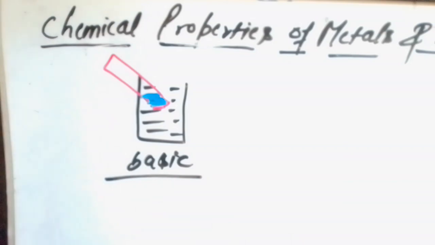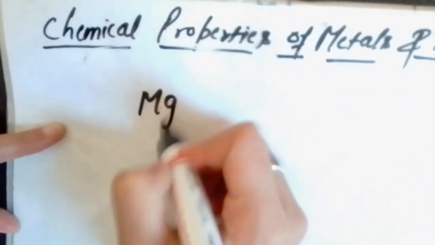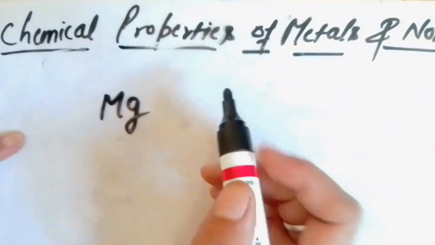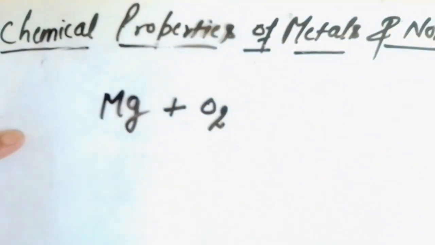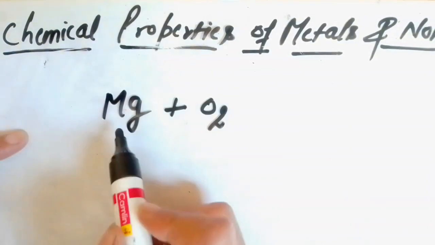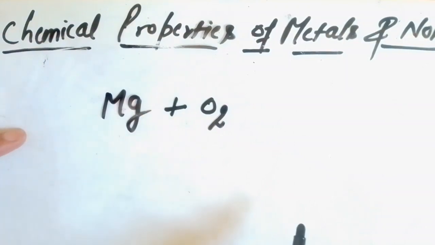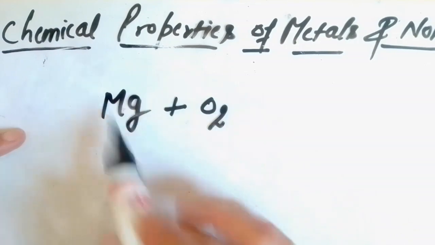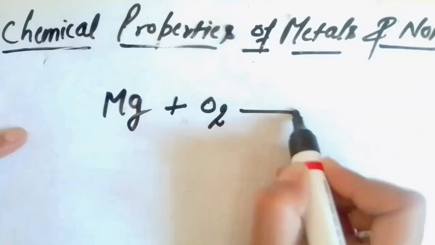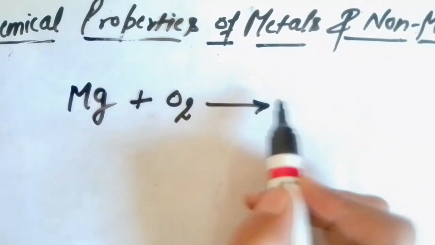Now let me write all this in chemical equation form. First, we have taken the example of magnesium here. Magnesium, when it reacts with oxygen, means when we burn magnesium ribbon, it will turn, as I told you, into white powdered ash.